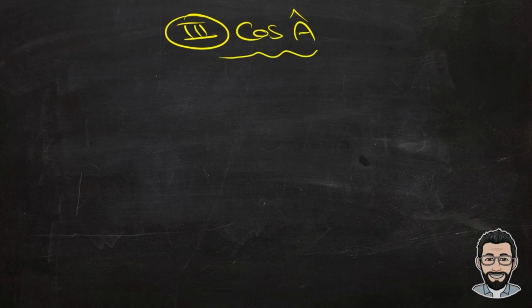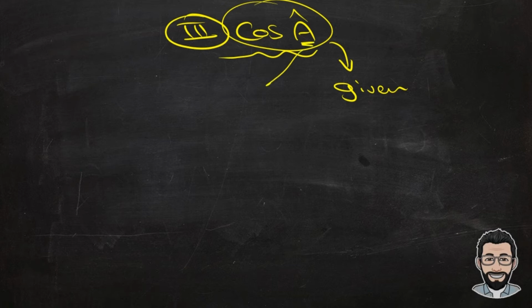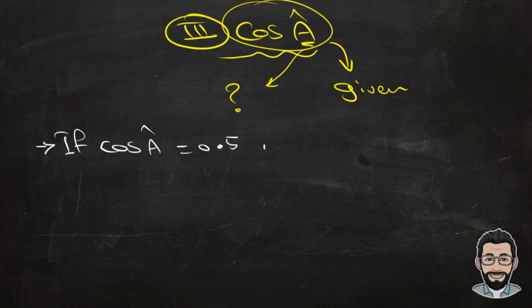The third case of cosine of A, that I'm going to give you all of it. Cosine A is given, and I'm asking you to find the angle itself. What is it going to be? For example, if cosine of A equals 0.5, find angle A. Like the previous ratios, we said that we're going to cross out cosine by putting under it cosine -1 in both sides.